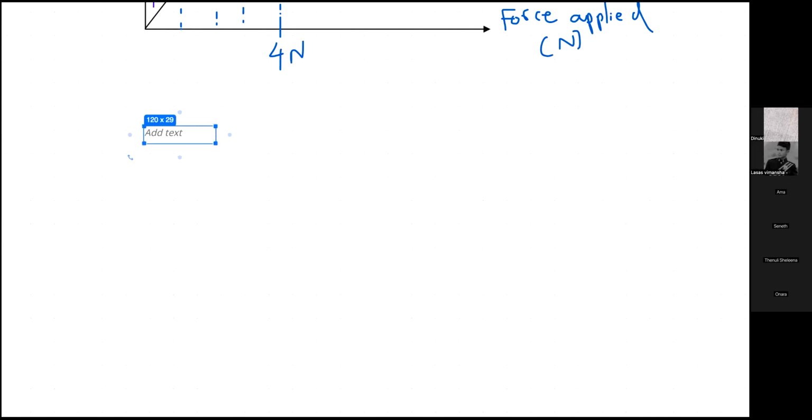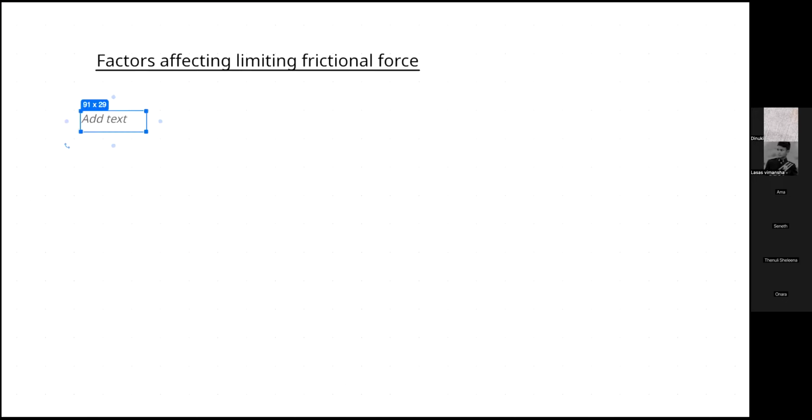Now, let's put a small subtopic: Factors affecting limiting frictional force. Then you can write a question.